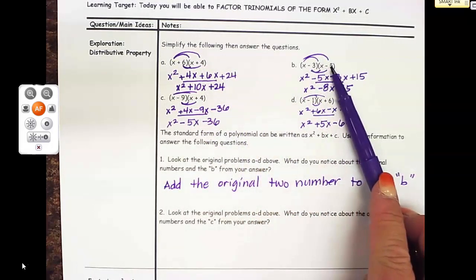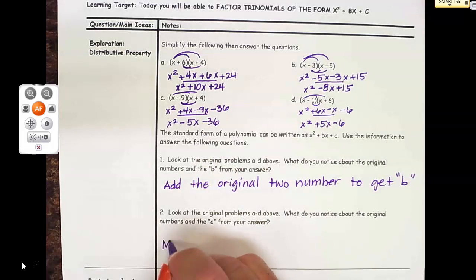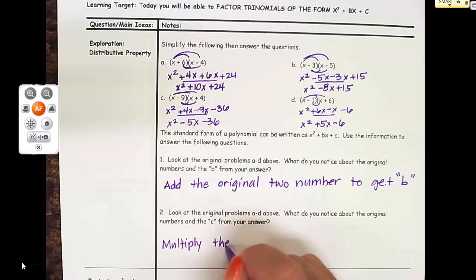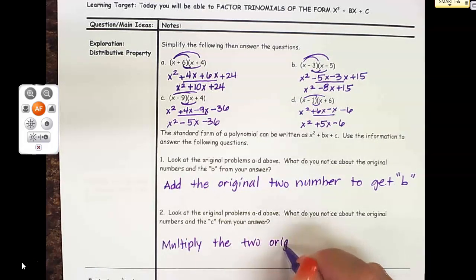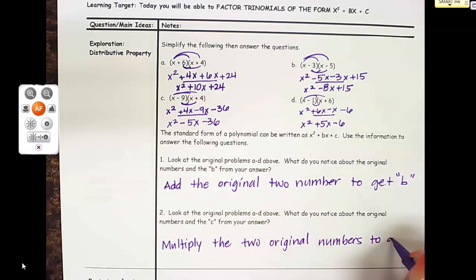Negative 3 times negative 5 equals positive 15. I notice that if I multiply the original two numbers, we get C.